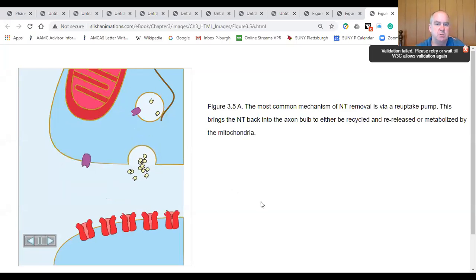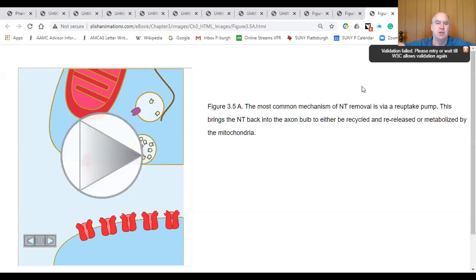After the neurotransmitter gets released, it binds to postsynaptic receptors and produces a response. And then eventually it's going to get taken back up by this pump and put back into a vesicle to be released again. Some of it will go to the mitochondrion and get broken down. Some of it, if you notice, diffused out of the synapse. Let's watch that again.